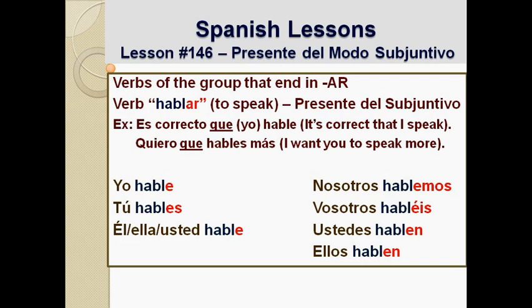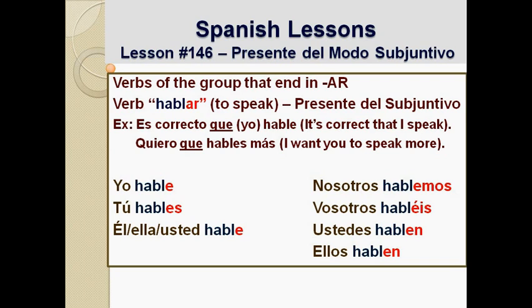So here you can see the pronoun usted. It conjugates the same as he or she. However, usted means you. Okay, but the difference with tú is that tú is the informal or friendly you, and usted is the formal or respectful you.